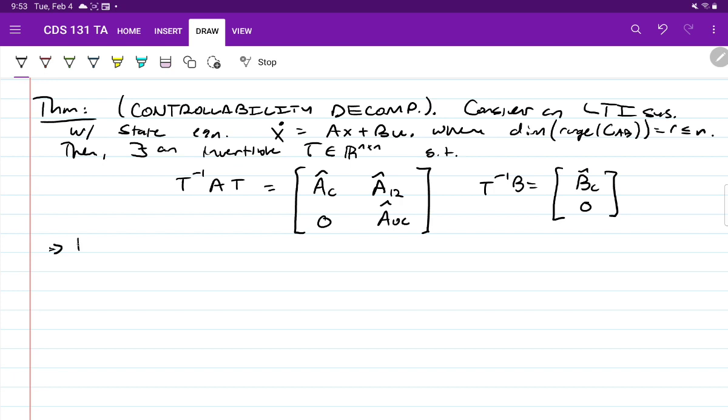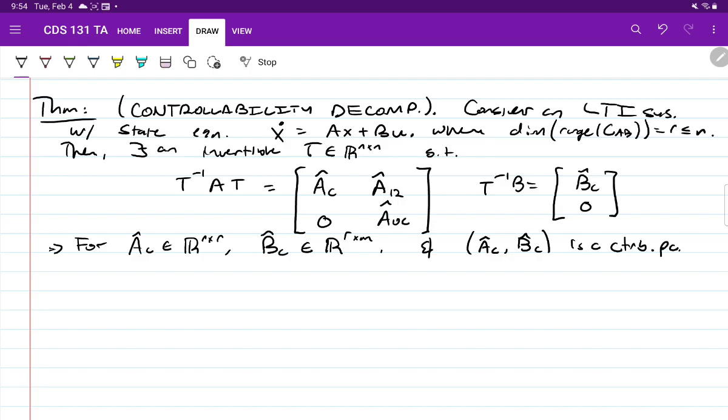Okay? And this satisfies A controllable hat belongs to R r by r, B controllable hat belongs to R r by m, and A controllable hat, B controllable hat is a controllable pair.